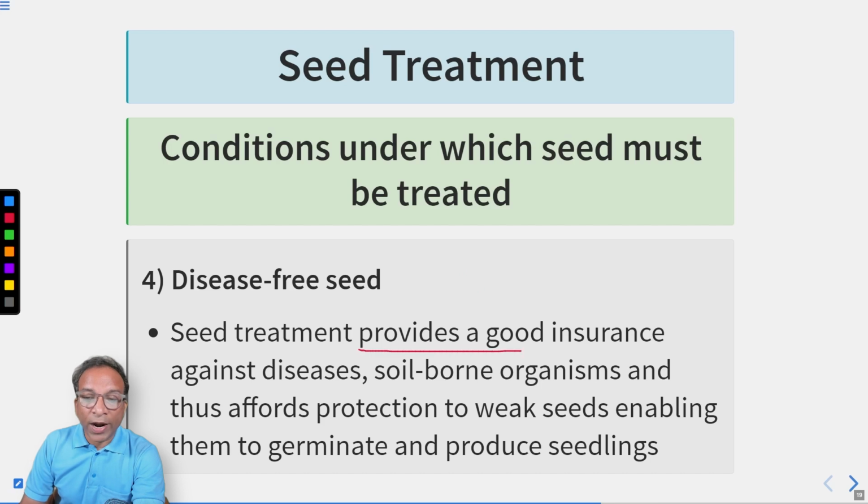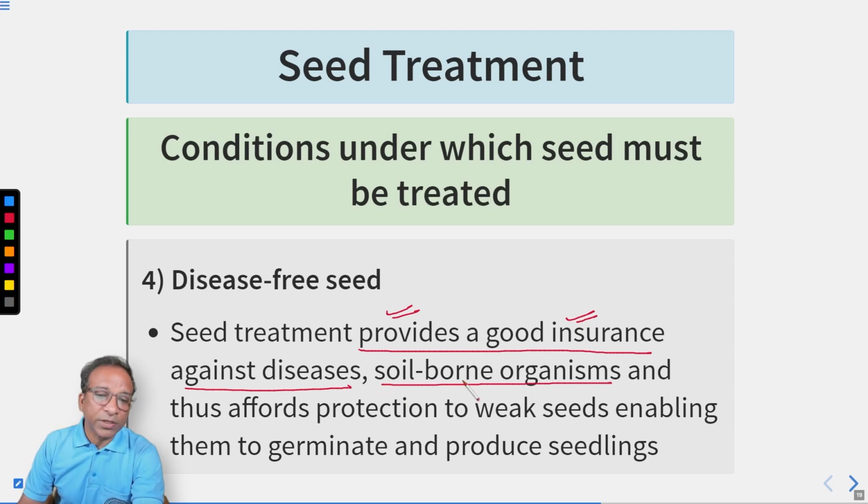Seed treatment provides good insurance against the disease. If you treat your seed with fungicides or insecticides, you will be assured that no disease will be there at the level of seed germination. So no soil-borne or seed-borne disease will be there.